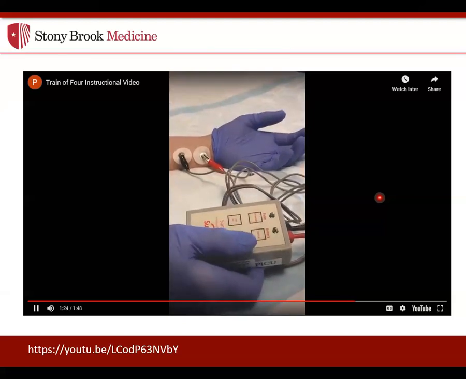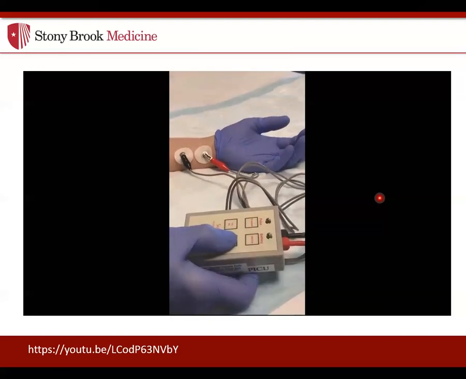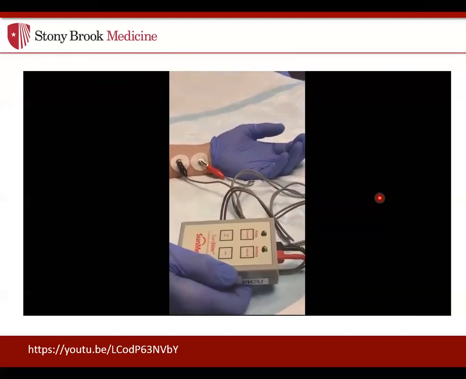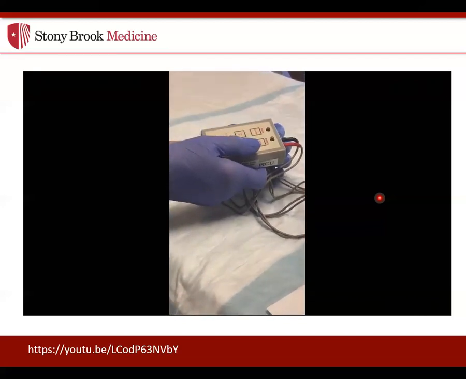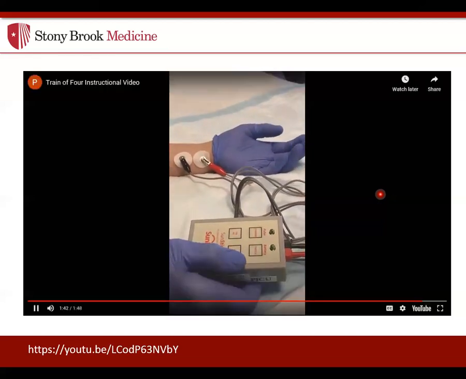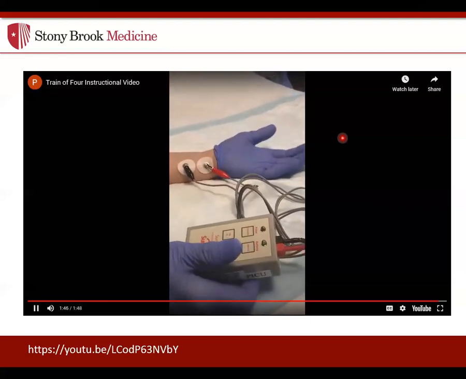So they're going to turn up the amplitude on the peripheral nerve stimulator. Okay, so we got 1, maybe 2 twitches that time. So we'll turn it up one more time. And there they got the 4 twitches.